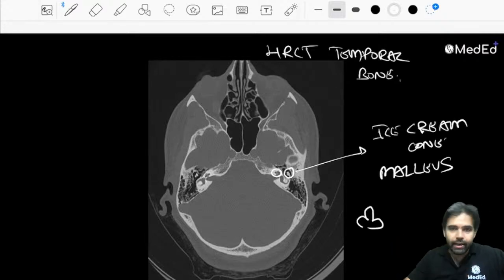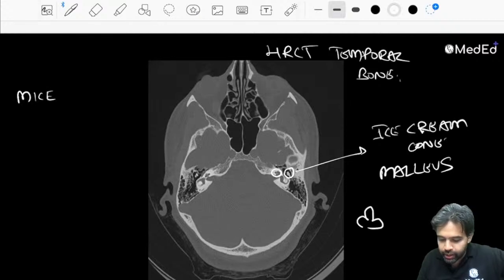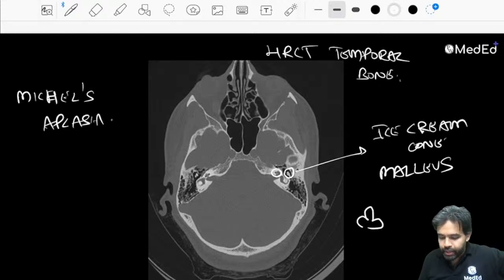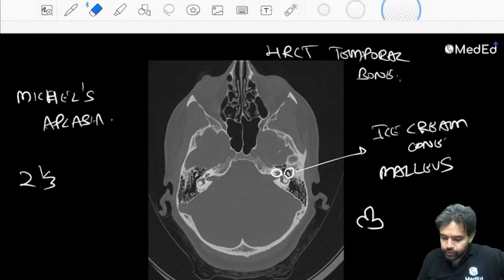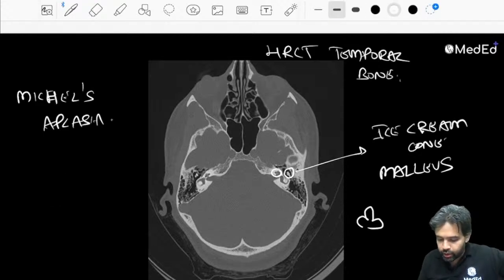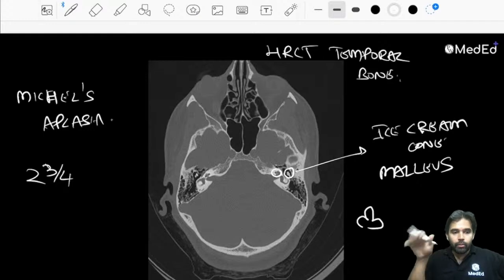If the cochlea and semicircular canal are not there, there is a condition called Michel's aplasia. We have 2 and 3/4 turns of the cochlea, right? 2 and 3/4 turns of the modiolus.